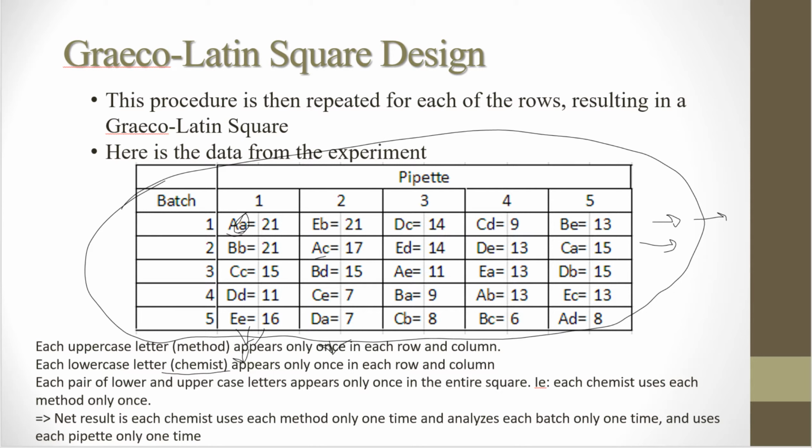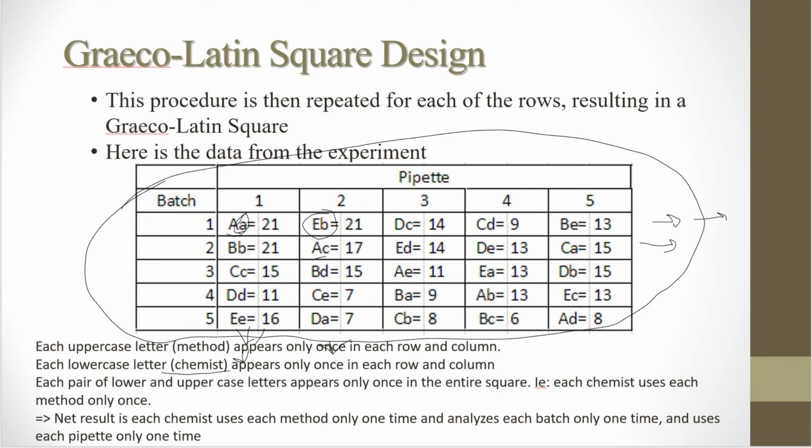And in addition to that requirement, each pair of lower and uppercase letters appears exactly once in the entire square. So E happens with b only one time. You can't find E and b anywhere else paired together like that throughout the rest of the Graeco-Latin square.